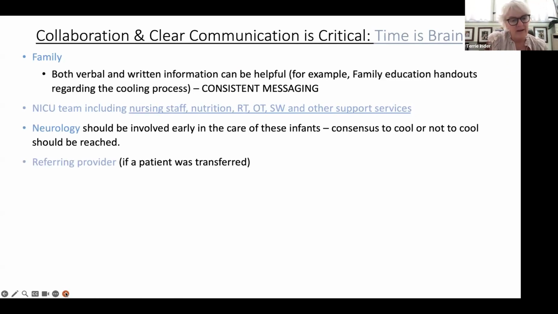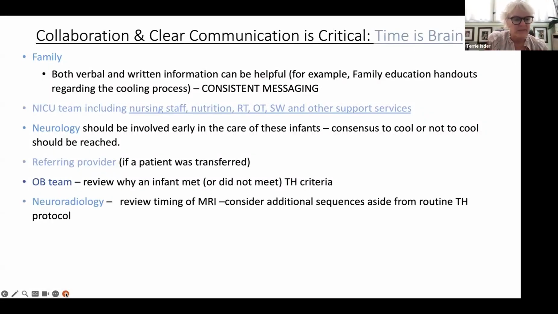The referring provider, if a patient was transferred, and the OB team are obviously needing to be updated. And then in terms of neuroradiology, you really need to talk about the timing of undertaking an MR. With this baby that we took down at 20 hours, this was not something that was commonly done, and required a good discussion about why we wanted to image that baby in that window with the MRI team, to be able to get the right sequences and take the baby off the blanket for as short a period of time as possible.